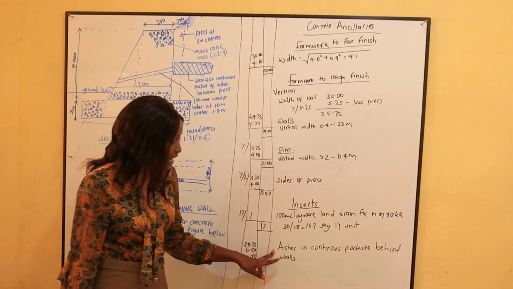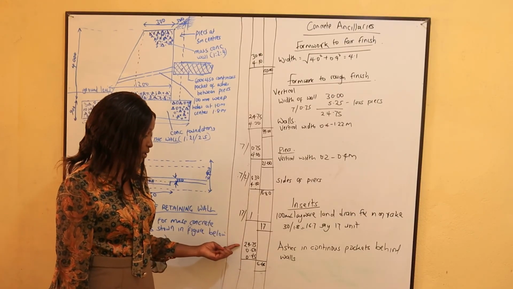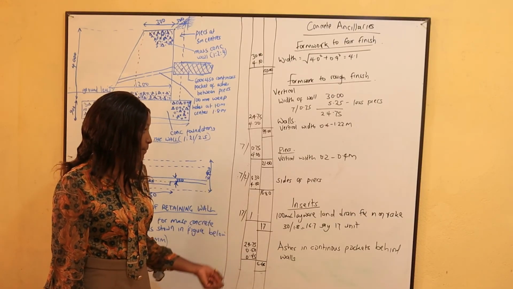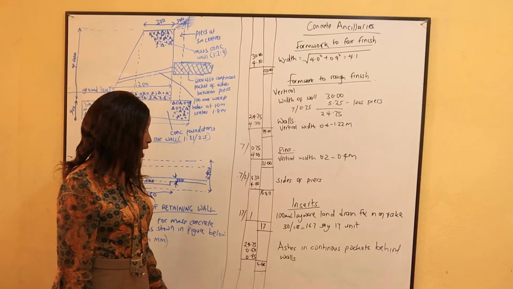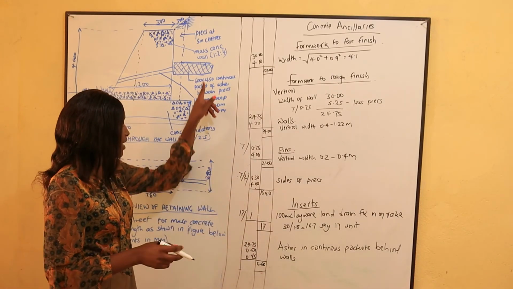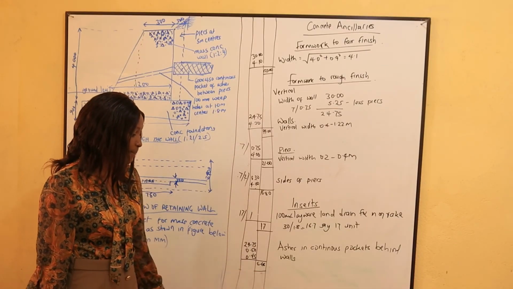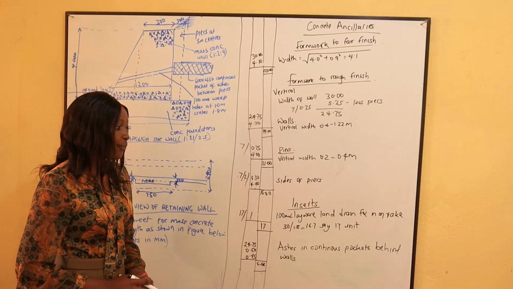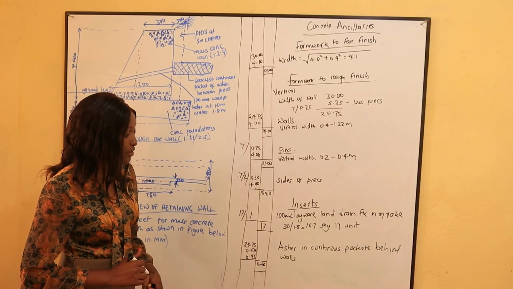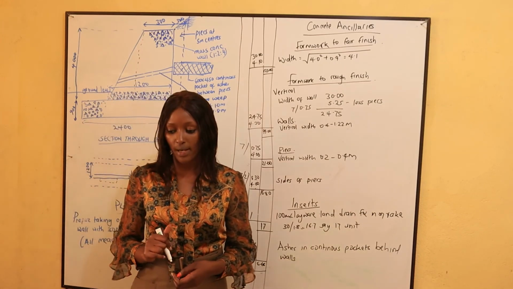So we shall write ashes in continuous pockets behind the walls, only the walls. So 24.75. The width is 0.6. For the ashes, it's 600, 0.6, and for 450, 0.45. So the total volume of the ashes is 6.68. And reaching there, we are done with the taking off of the retaining wall.